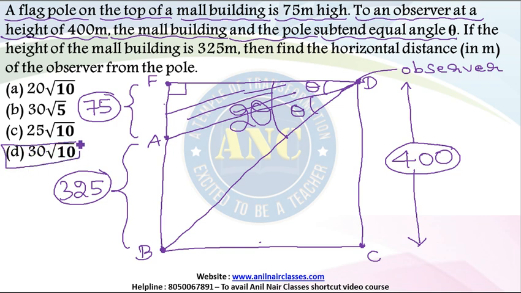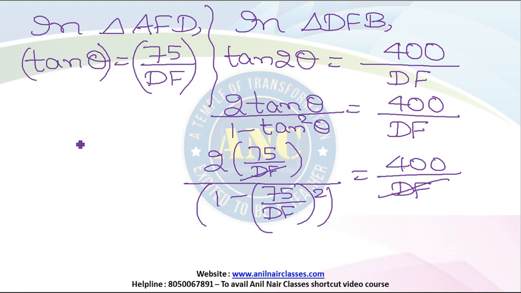I hope the idea is very clear, sir. These all look like difficult questions. Yes, they are little time consuming methods because I do not have the value of theta given in this question. If the value of theta is given as 30, 60 or 45, I know how to solve it by diagram itself. I don't need to write all this in my examination and waste my time, and thereby I will save a lot of time by not solving an equation.